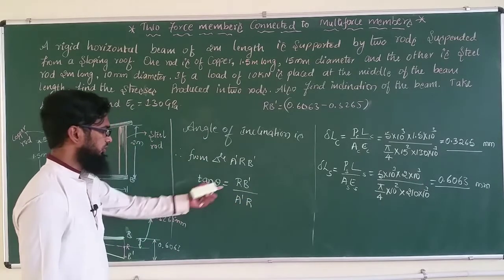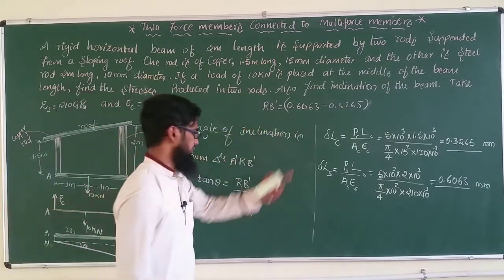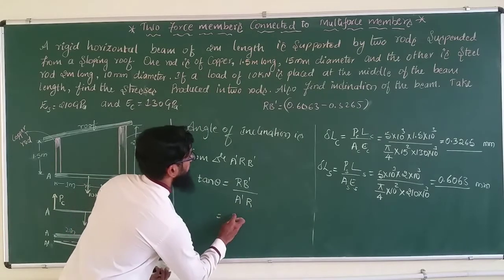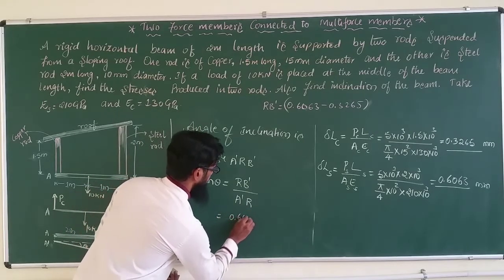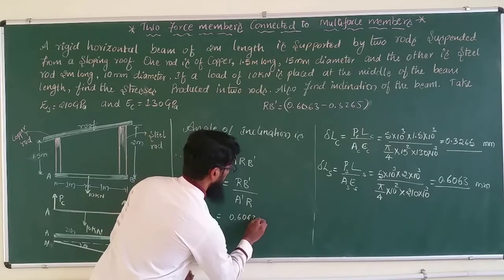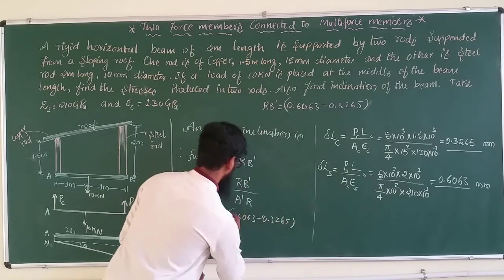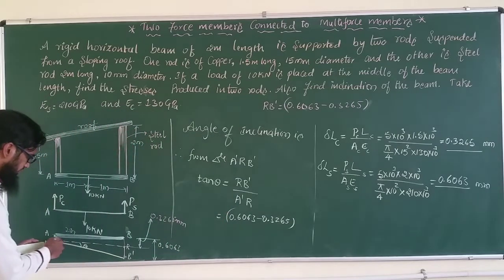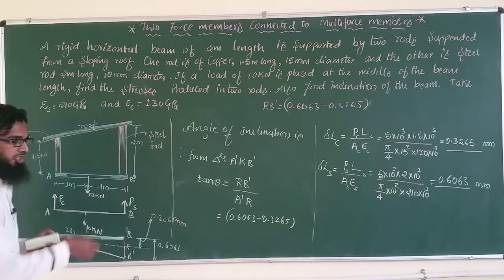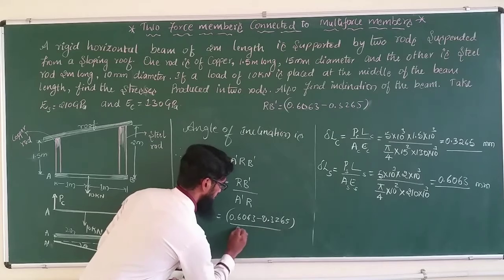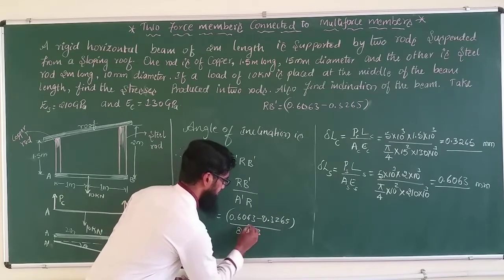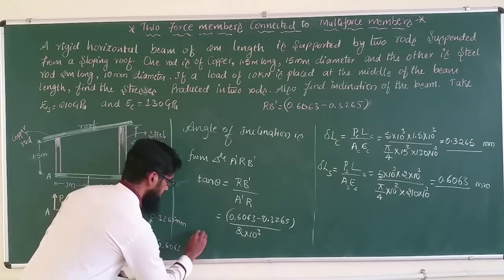We know that RB dash is equal to 0.6063 minus 0.3265. A dash R is 2 meter, that is 2 into 10 power 3 mm.